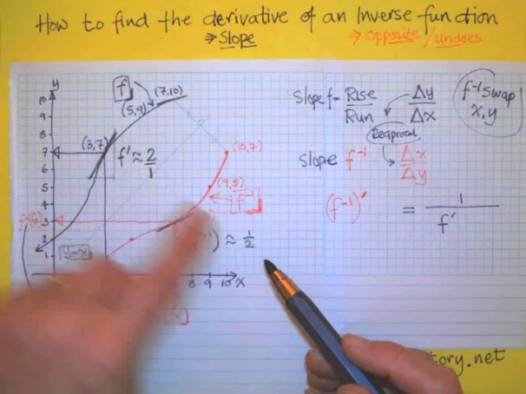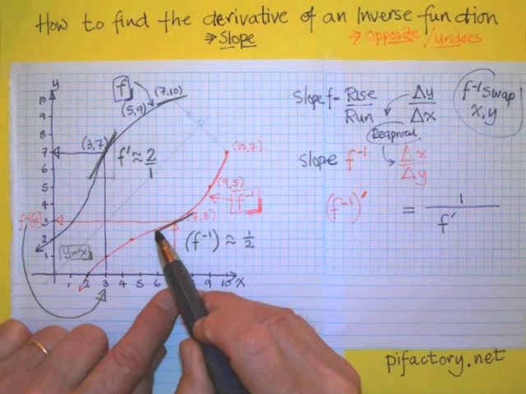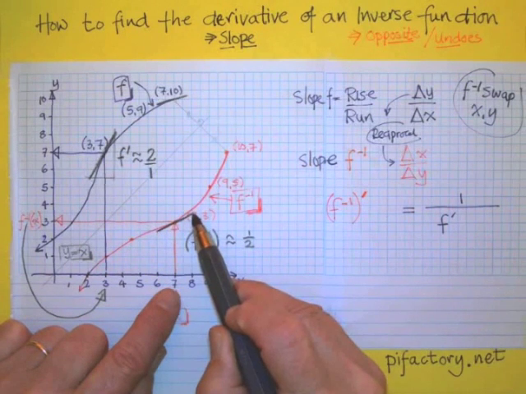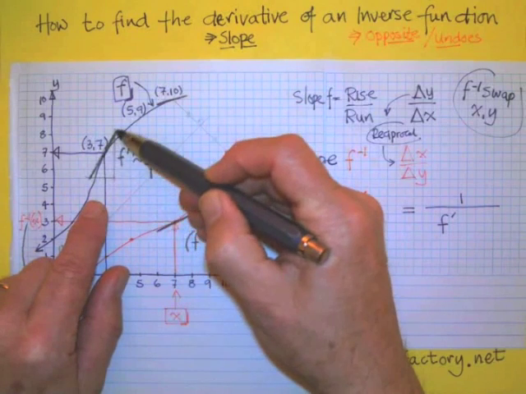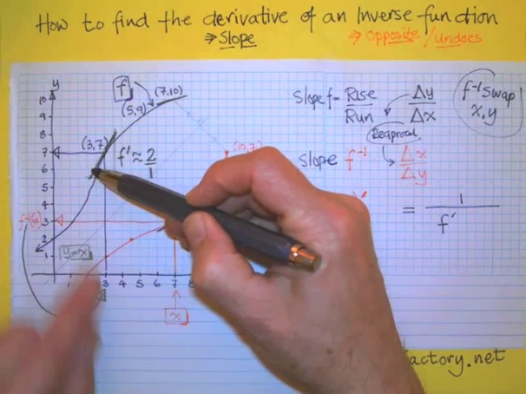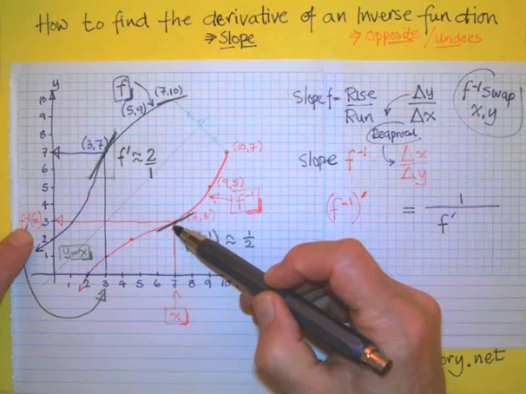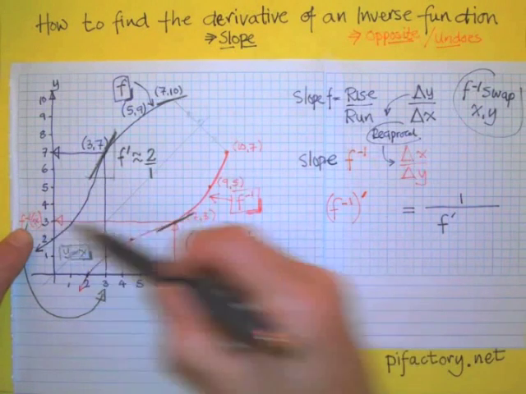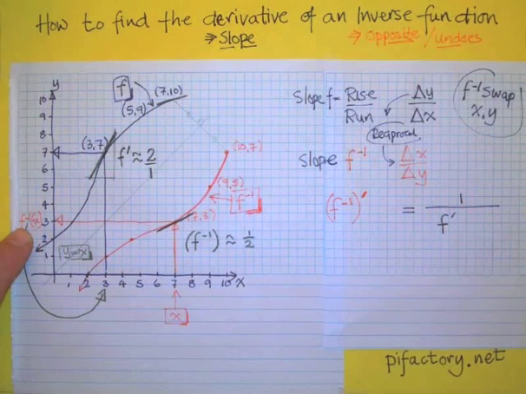Now then, 2 over 1 and 1 over 2, even with our rough sketch here, these are reciprocal. So here we have the clue that in fact the slope of the inverse function is the reciprocal of the slope of the original function f, but where the input is the output from the inverse f.